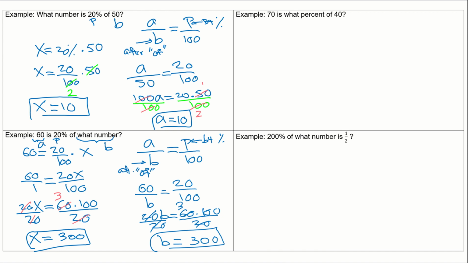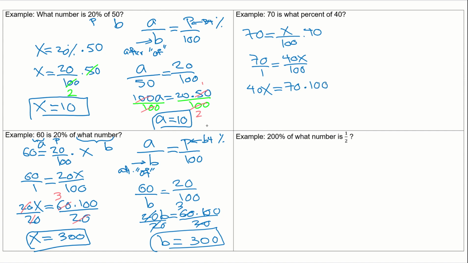For the next one, we have 70 is what percent of 40? When we translate that, notice that we end up with 70 equals what percent? That translates as x over 100 times 40, right? Let's turn it into a proportion so we can quickly cross multiply. So 70 over 1 equals 40x over 100. So we get 40x by cross multiplying equals 70 times 100.